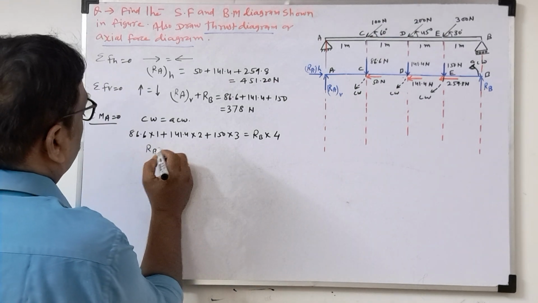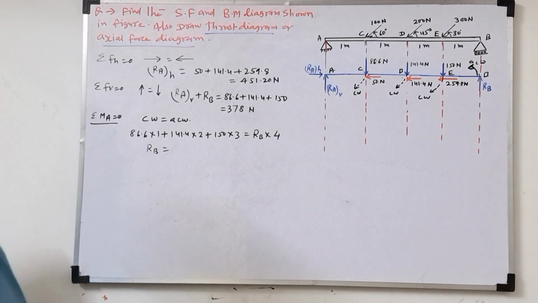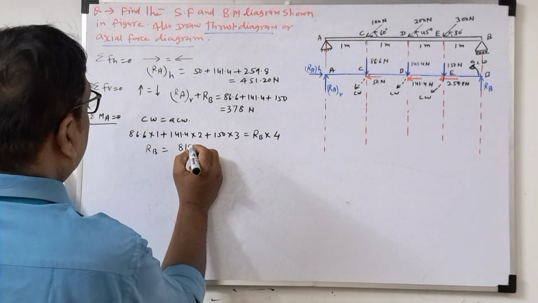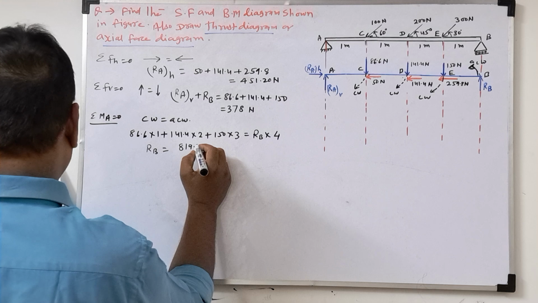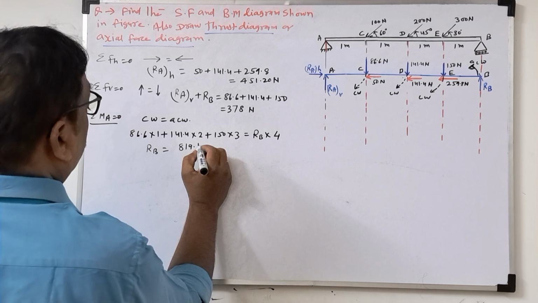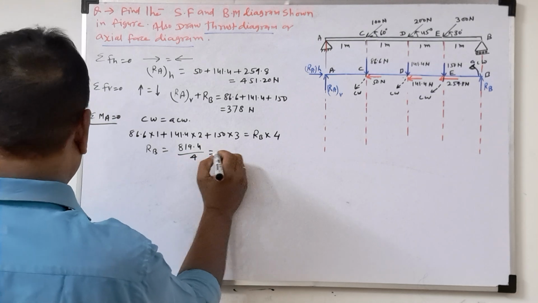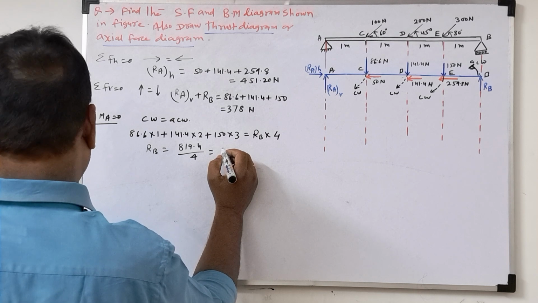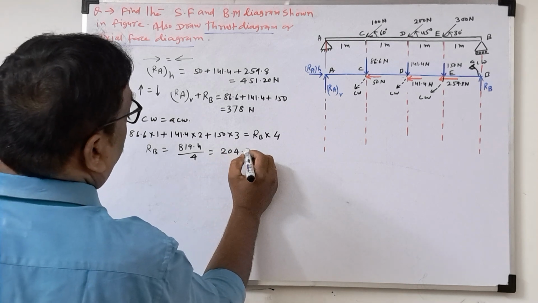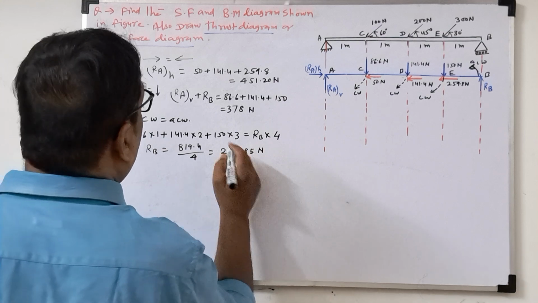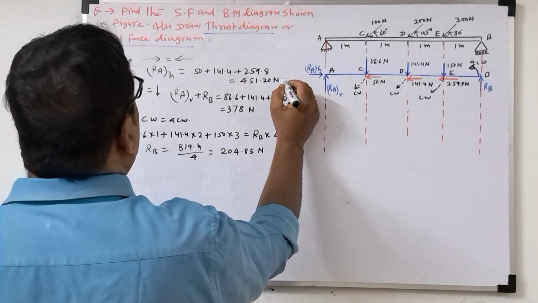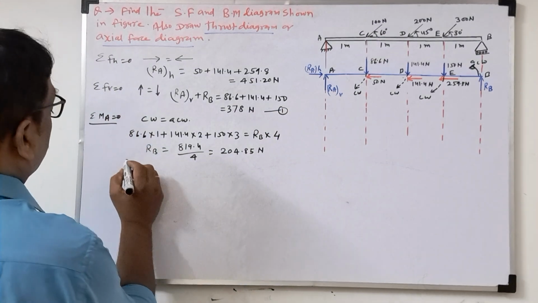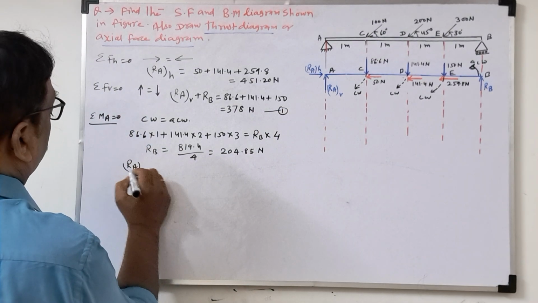So RB, how much is the total coming? 819.4 divided by 4 is coming 204.85 Newton. Now suppose we call this equation number 1. Substitute this RB in equation 1. So we'll get RAV.